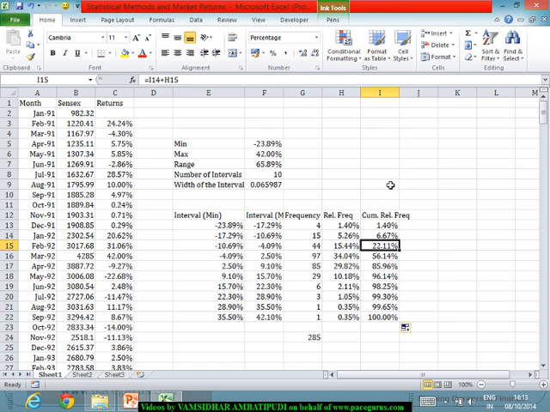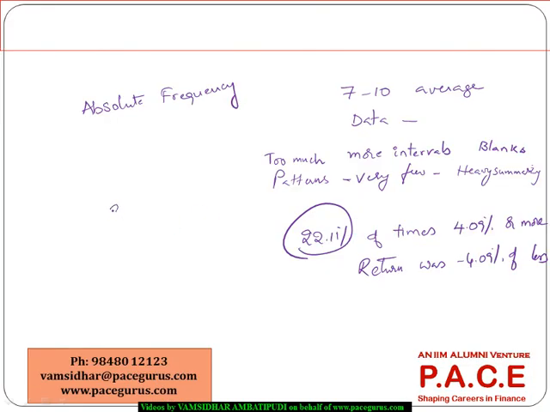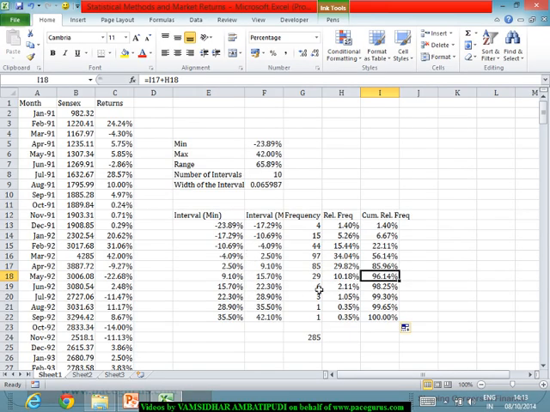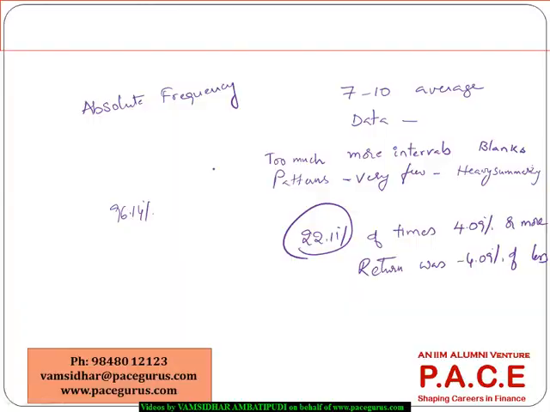In 96.14% of months, the Sensex return is less than 15.7%.